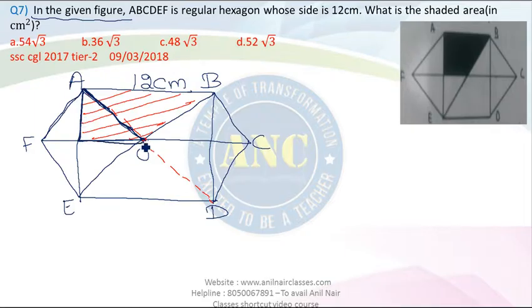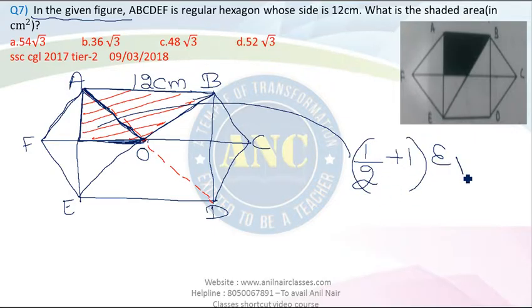That means I have half equilateral triangle, and AOB also I need to find. That is one full equilateral triangle. That means I am interested in finding the area of half equilateral triangle plus one full equilateral triangle. So totally I am interested in finding the area of 3 by 2 equilateral triangles, 1.5 equilateral triangles.